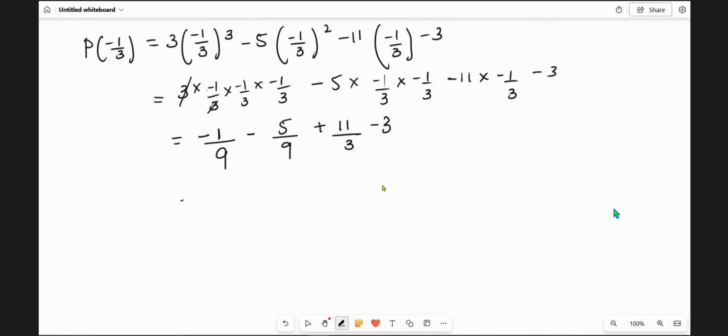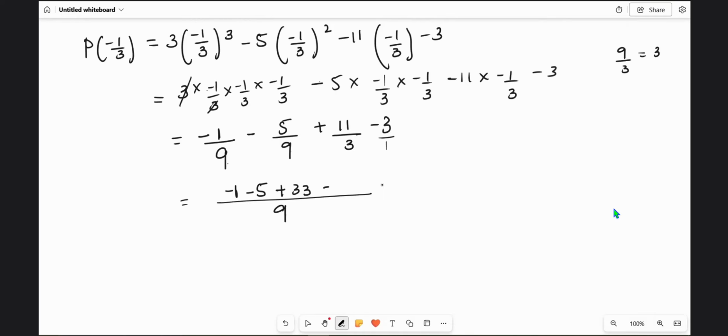So here, what will be the LCM? LCM for 9, 3 and 1 will be 9. 9 by 9 is 1, 1 into minus 1 will be minus 1. Again 9 by 9 is 1, 1 into minus 5, it is minus 5 here. 9 by 3 will be 3. This 3 you have to multiply with 11, so you will get 33.